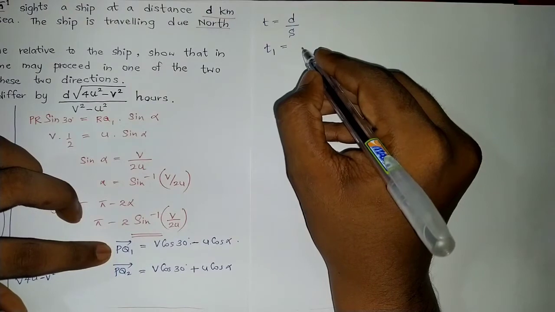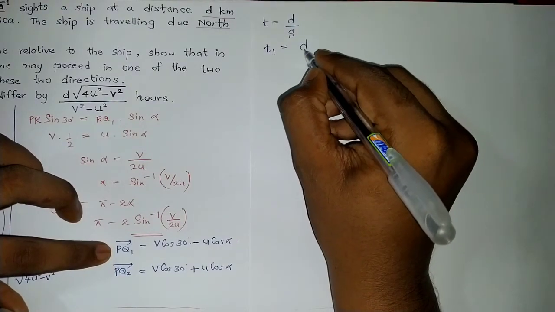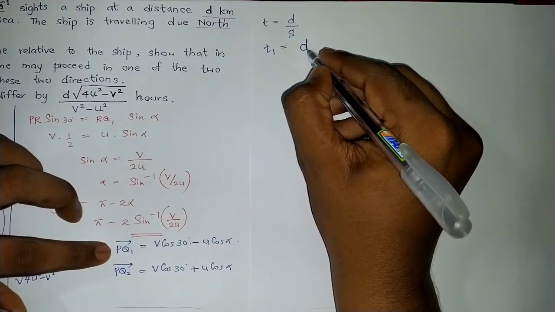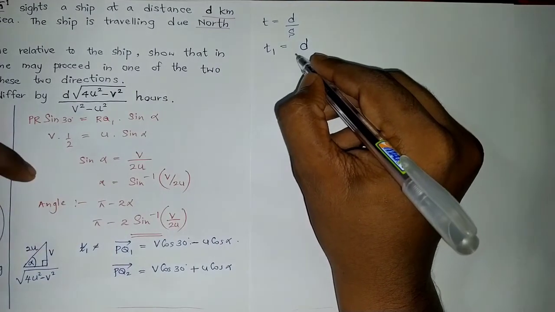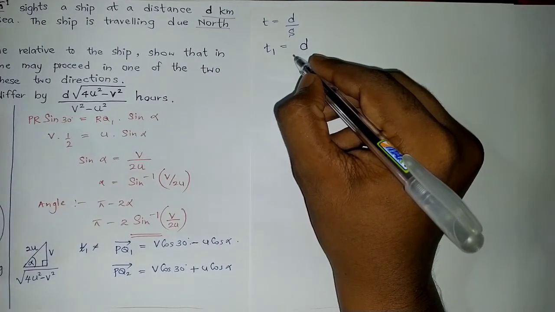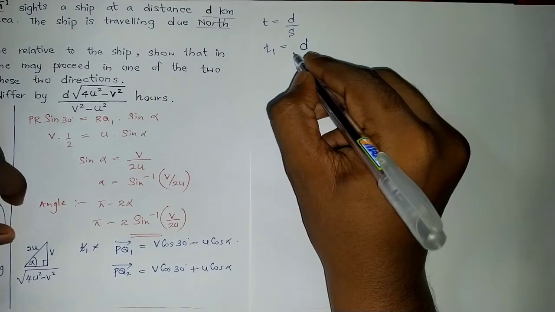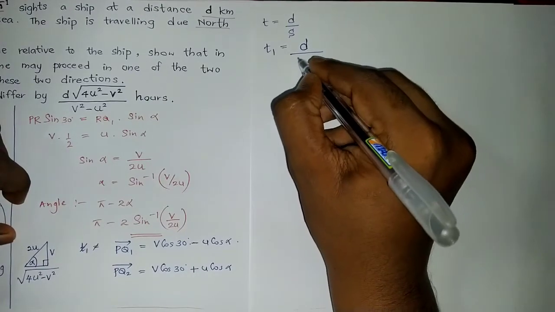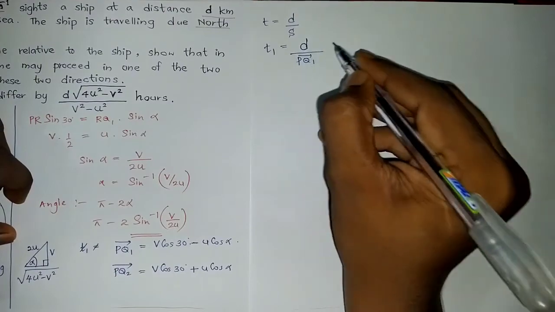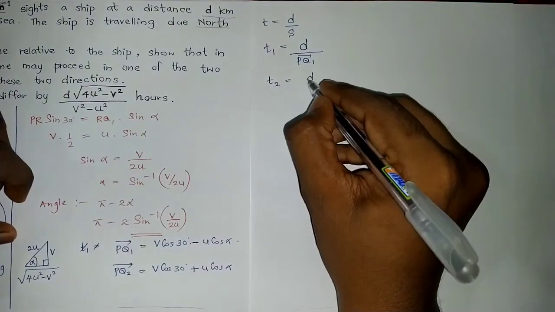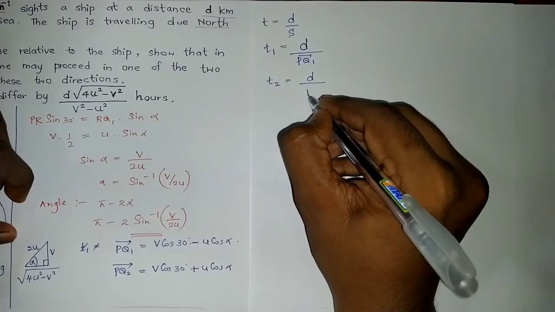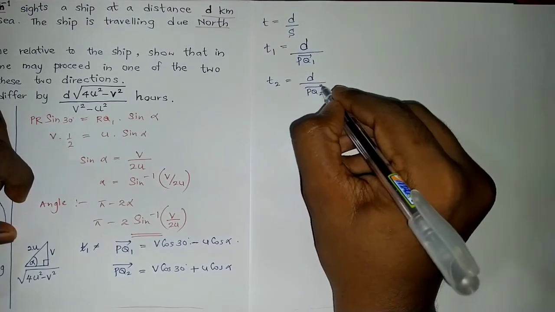So the distance the submarine is going to travel in order to intercept the ship is d, because initially the question gave the separation as d. So it is d divided by PQ1 vector. Then T2 is the same distance divided by the second vector PQ2.